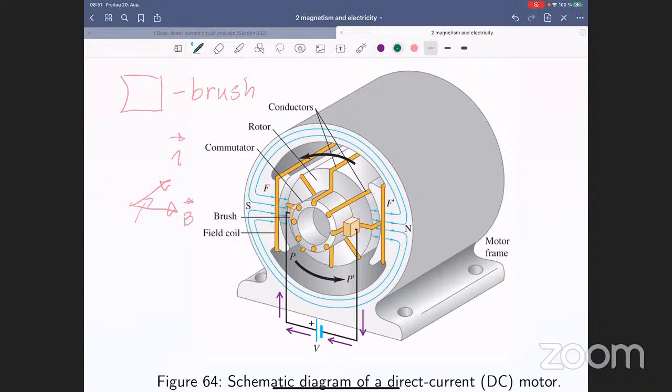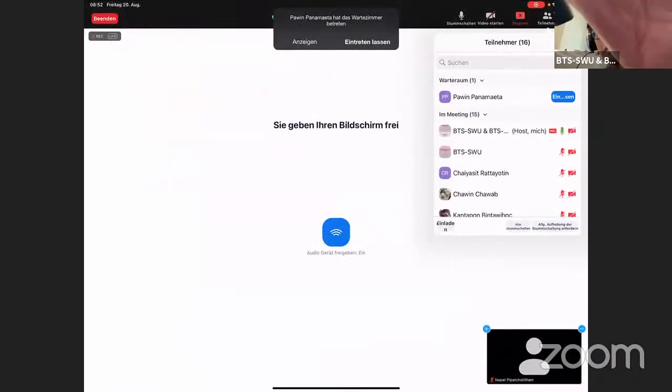So you would have something like this, and then you cross it from L to B. You will get from the right hand rule the induced force pointing downward on this side, all the way here. It's not only a single point.